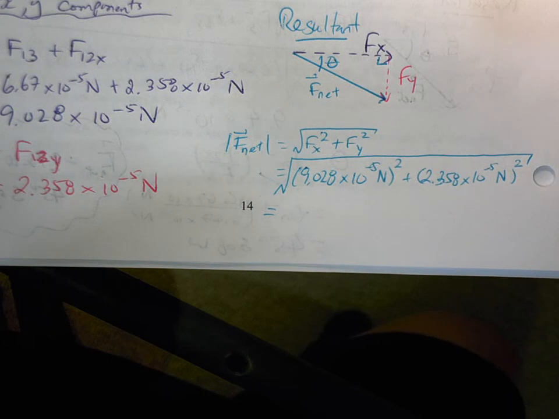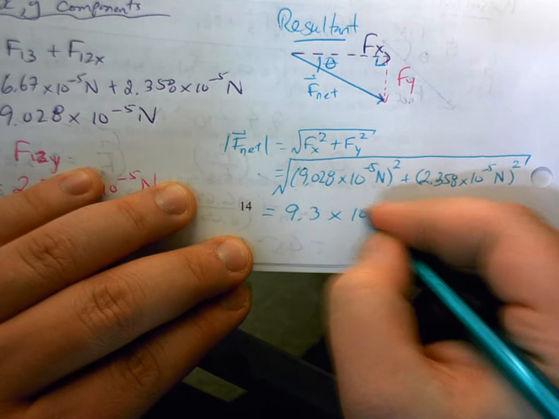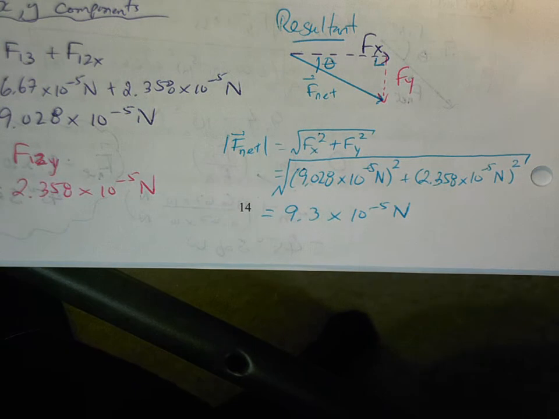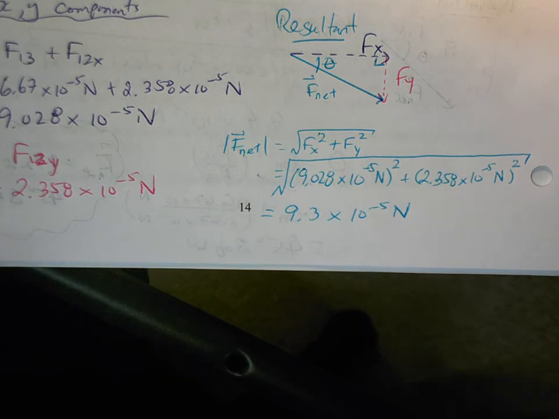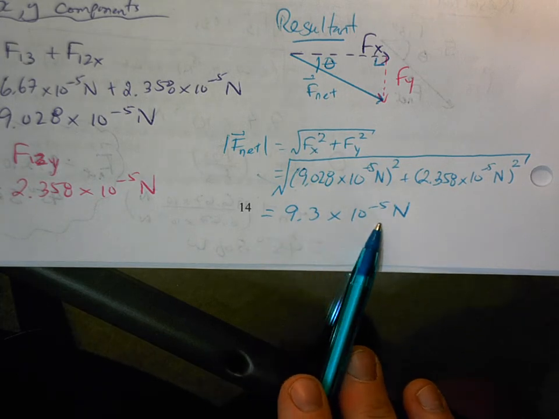And let's see here. So we're going to get about 9.3 times 10 to the minus 5 newtons. So that gives me the value for the magnitude of the net force. So the net force acting on sphere 1 is going to be 9.3 times 10 to the minus 5 newtons.